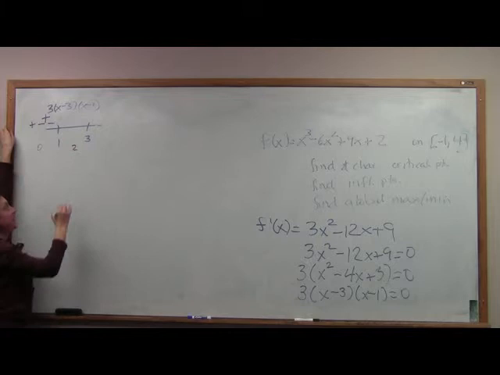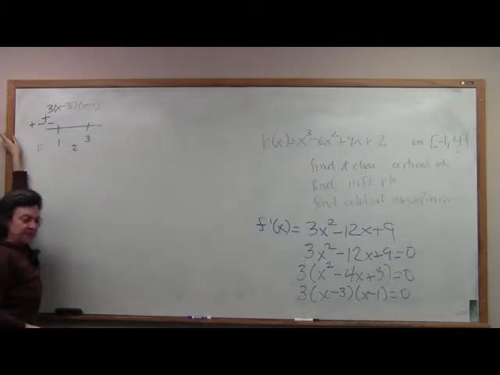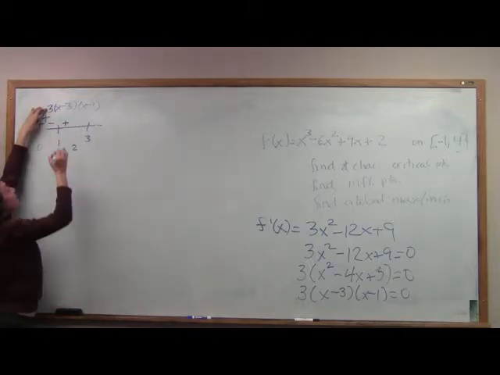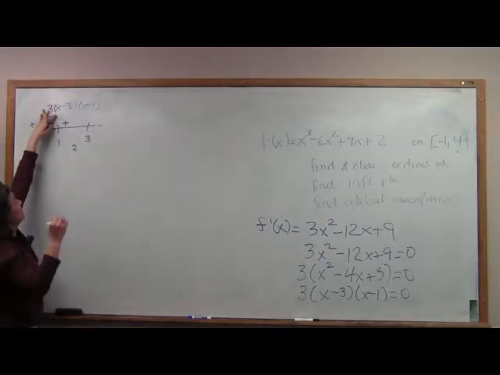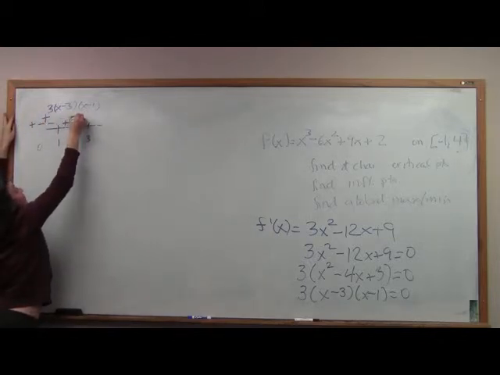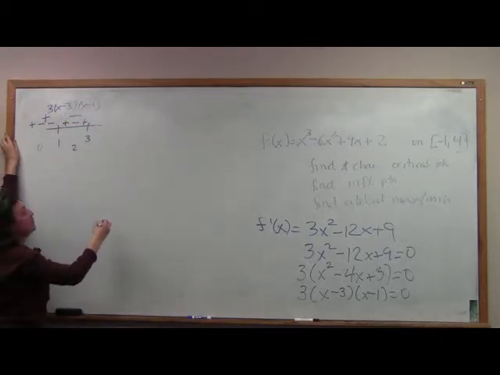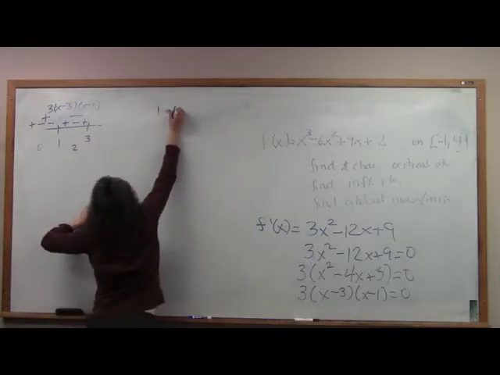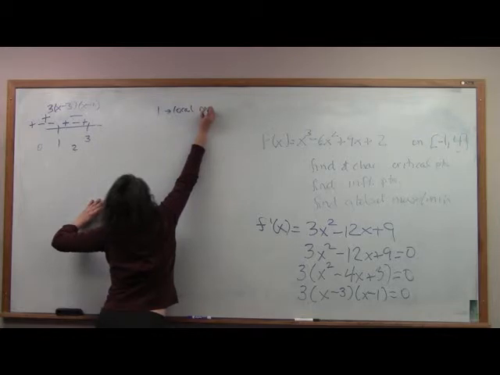Now in here, let's test 2. It's nice to test whole numbers. The 3 is always positive. If I plug 2 in my first term, it's negative. In my second term, it's positive. So this is negative. So what do we know? We know that at 1, we have a local max.